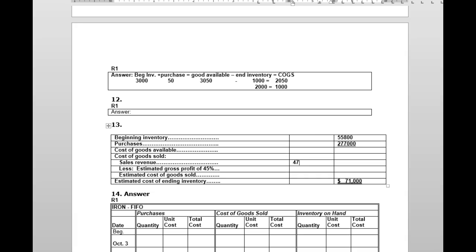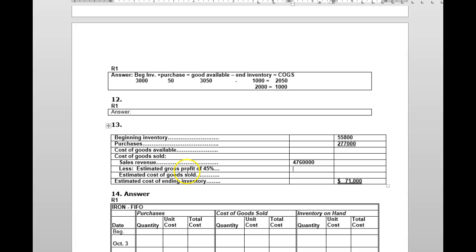The sales were 476,000, and then less the estimated gross profit of 45%. If you're using the gross profit method of figuring out the cost of goods sold, your cost of goods sold would actually be 55% of the $476,000. The way they have this set up in the template, it is a little bit backwards, but it'll work.